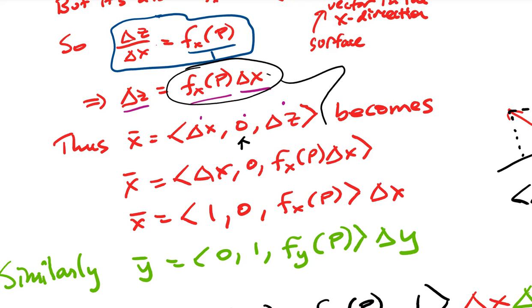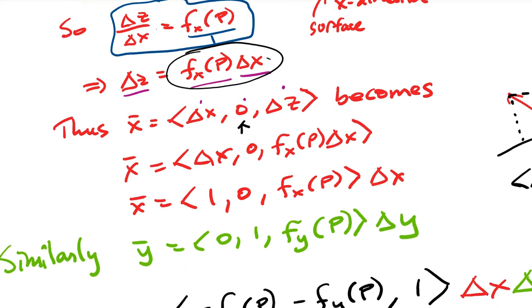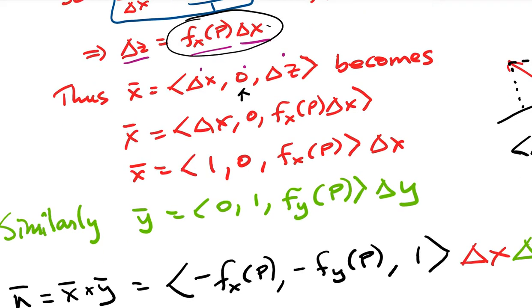So I'm going to replace the delta z with that. Then I'm going to take out that delta x and put it there. So x bar is the vector 1, 0, f sub x, and then times delta x.